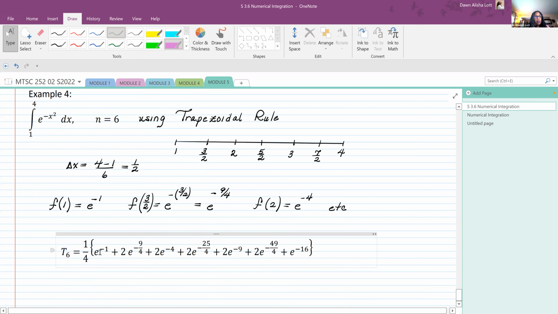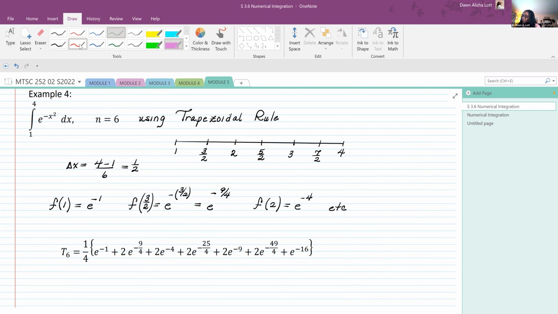Then the first one is e to the minus 1, 2 times the second one, e to the negative 9/4, 2 times the next one, e to the negative 4, plus 2 times e to the negative 5/2 squared, plus 2 times e to the negative 3 squared, plus 2 times e to the negative 7 over 2 squared, plus 1 of the last one, which is e to the negative 16. And that will get you 10 out of 10 on the exam.